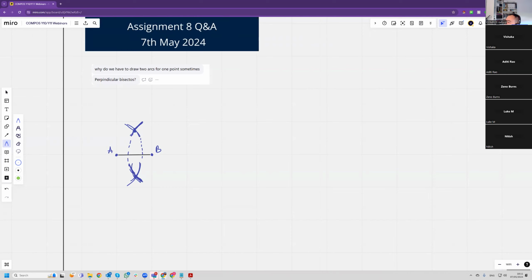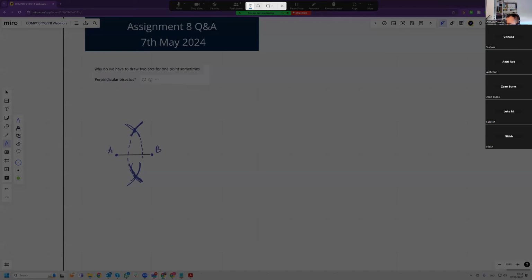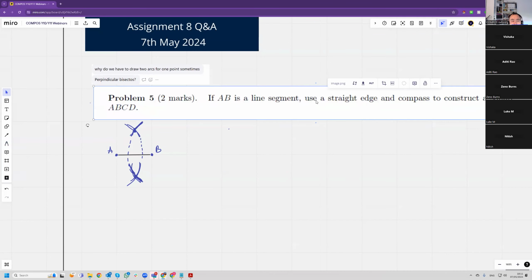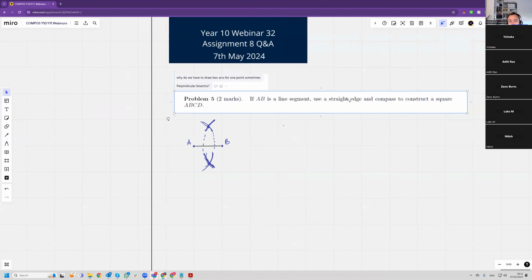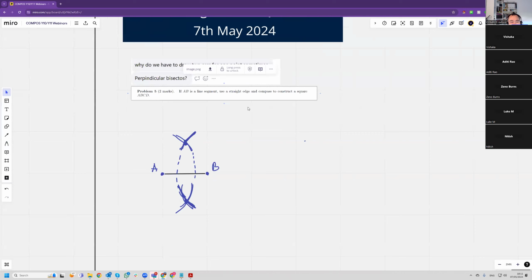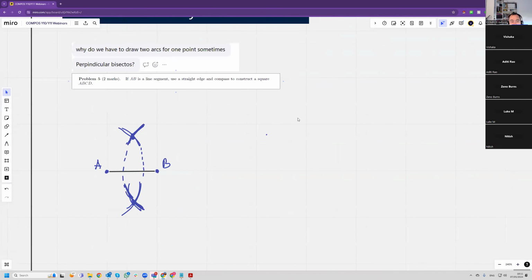Problem 5 for the square. A, B, C, D. Well, you have A, B. You need a square A, B, C, D. So the square A, B, C, D could either be like this, C, D, or it can go the other way around.